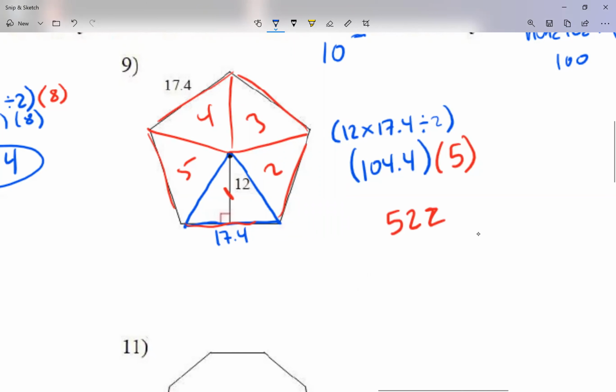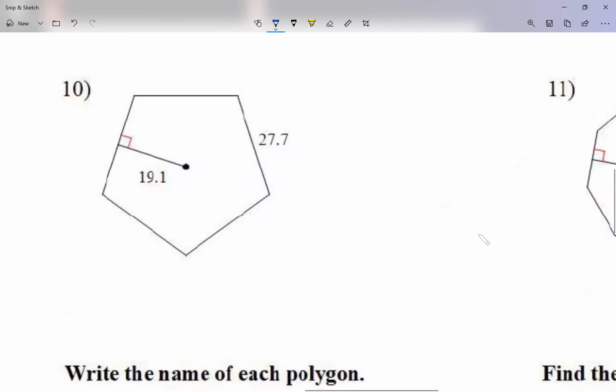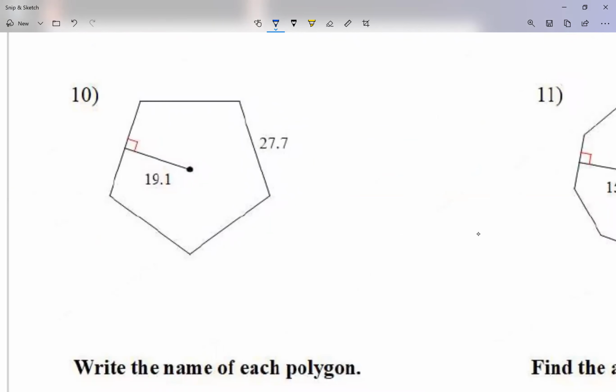All right, let's take a look at question number 10. My focus, my triangle, it's right here. I want the triangle to include the 90-degree angle. And I know each measurement outside is 27.7.